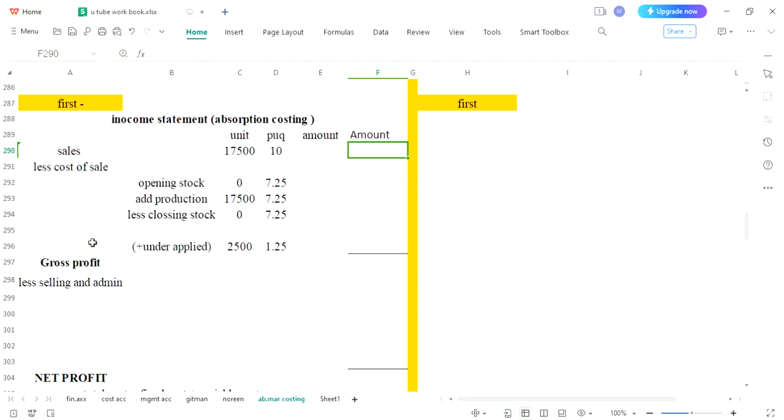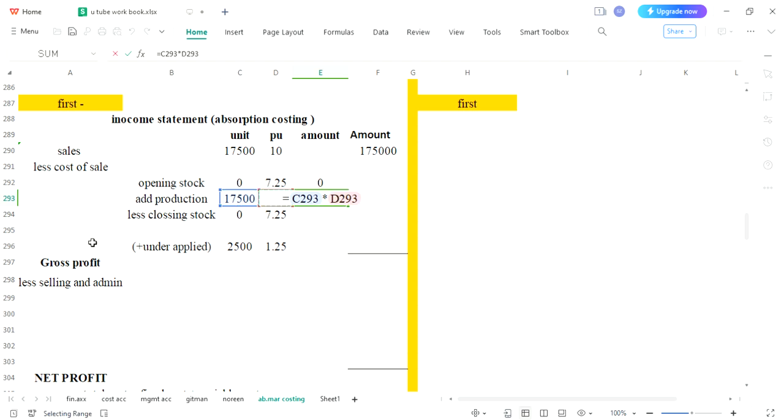Alright, so make these your headings. Per unit needs to be written over here. And how do we calculate amounts? Simple: you take units and per unit and multiply them with each other. Units of sale 17,500, per unit sale 10, you get the amount of sales. In a similar way, opening stock 0, and when per unit cost is multiplied, it remains 0. 17,500 units produced, multiplied by per unit 7.25.